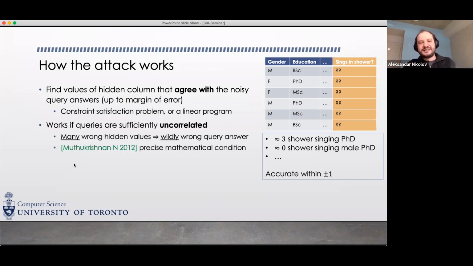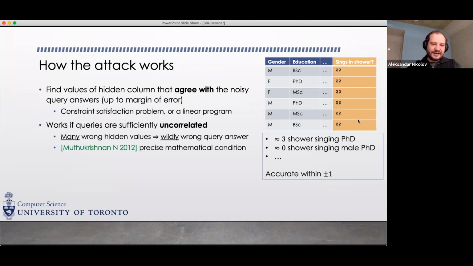And the idea is that if the queries you're asking are sufficiently uncorrelated, so every new query really tells you a new piece of information, this simple approach works. The basic idea is that the values you found, because they're consistent with the answers you were given, must also be close to the true values of this hidden attribute.